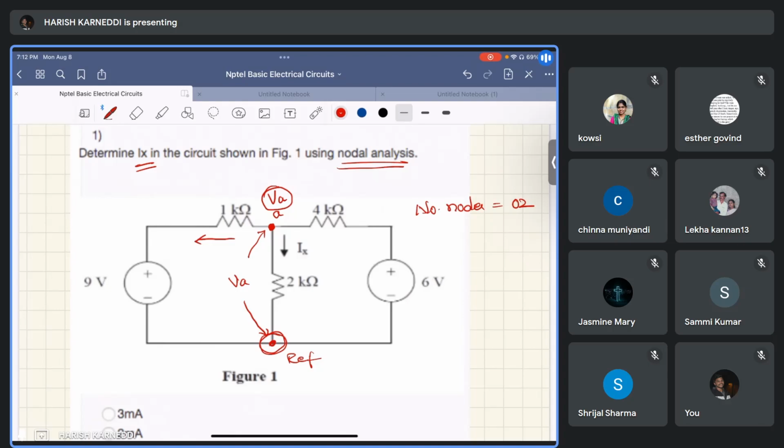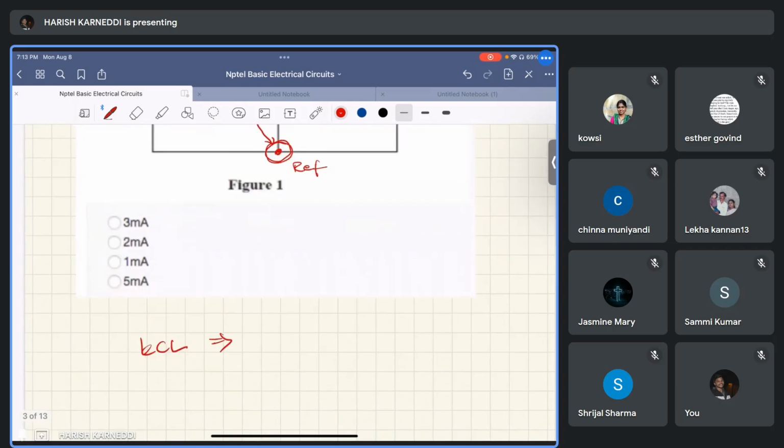Here we have a voltage of VA and here we have a voltage of 9 volts. Let us suppose this is I1. I1 equals VA minus 9 volts by 1 kilo ohm, that is, the potential difference across the resistance.